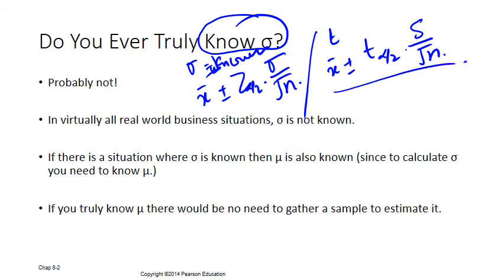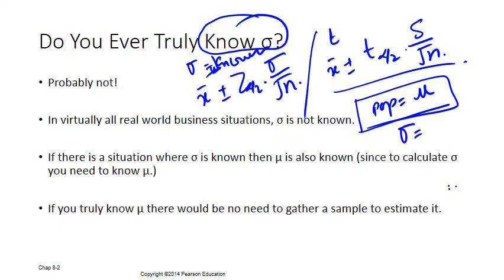And in real-life problems, normally we don't know the population standard deviation, because if we know the population standard deviation, it means that we know the population mean, and if we know the population mean, which is mu, then there is no need to estimate it. So to know sigma, we must know the mean, so there is no need to do all these tests. So in real life, normally we don't know sigma.